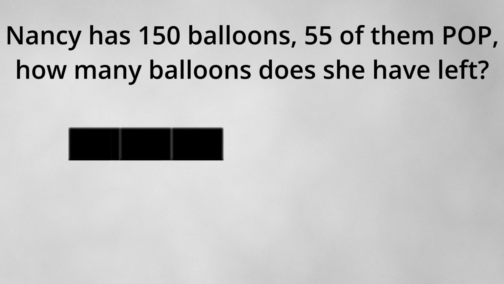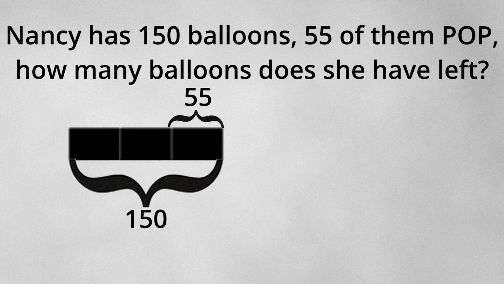So you'll see that 150 balloons and a part of them is 55 because 55 of them popped. So she lost 55 of the balloons. And when we remove the 55 balloons from the total, that will be subtracting, because you're taking away 55.